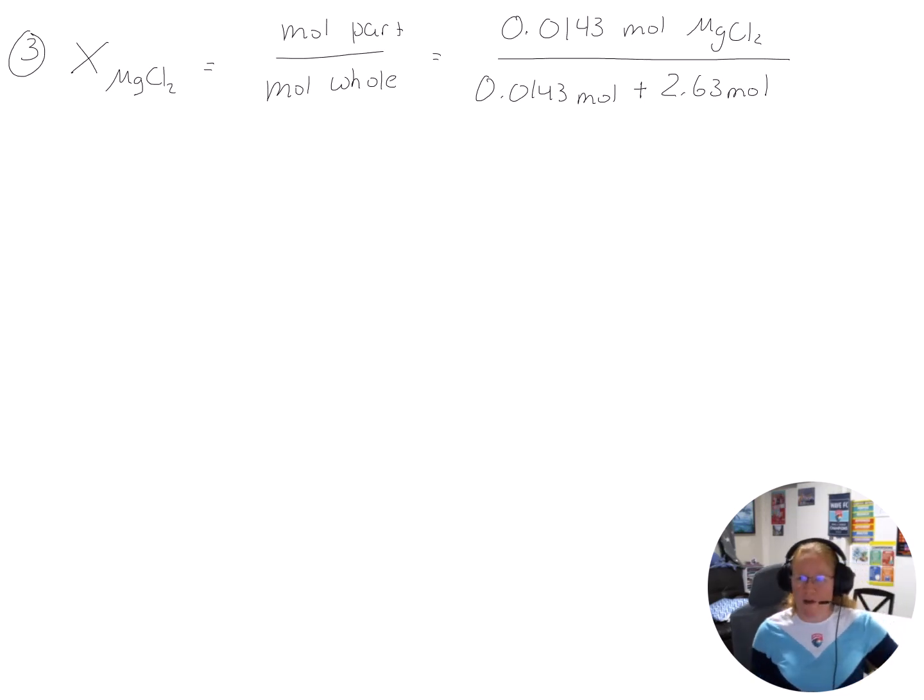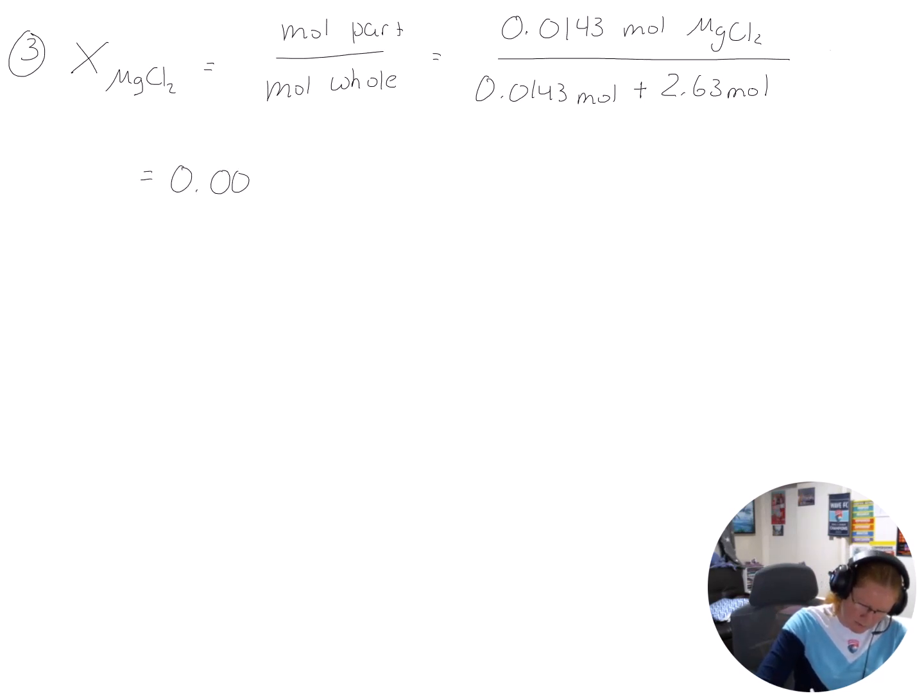All right, and our mole fraction is going to be unitless because moles over moles cancels out. And so we're going to get, let's see here, I'm going to run out of space, so I'll give myself space here, 0.00541 is our mole fraction of magnesium chloride.